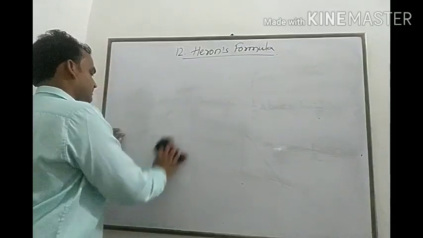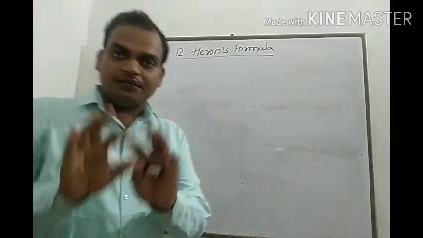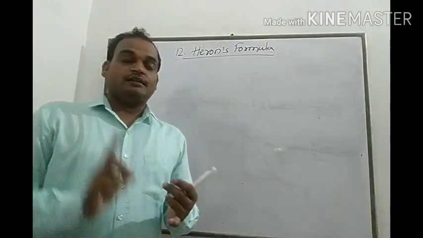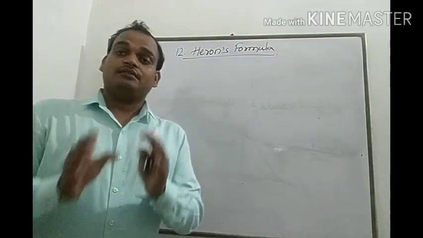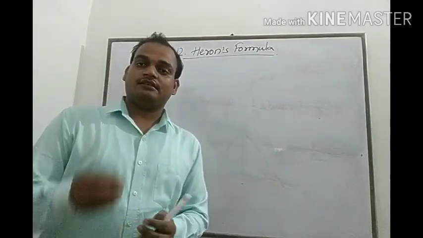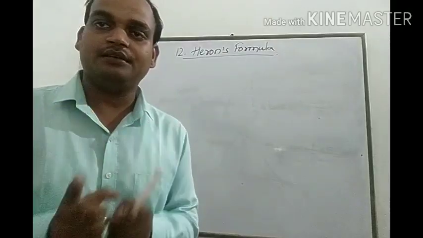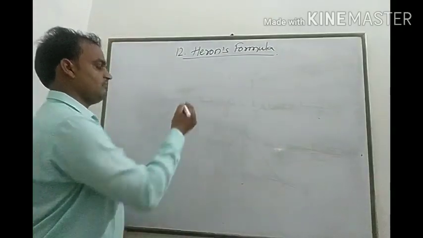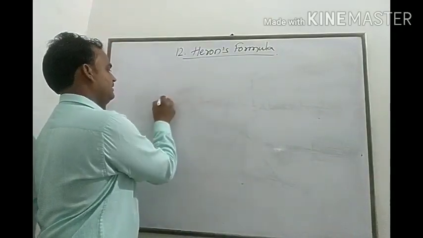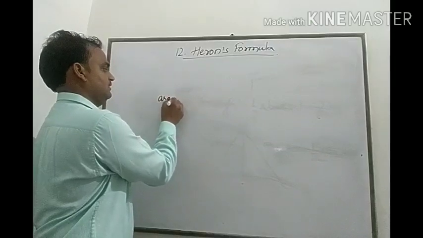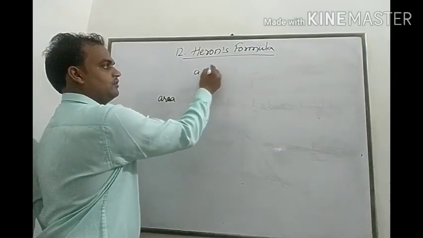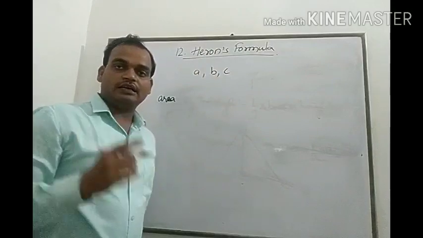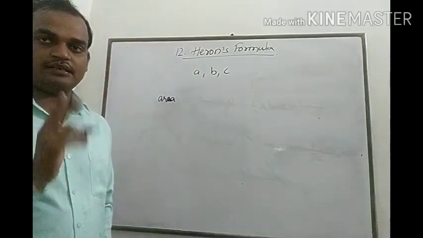Now Heron's formula is applied to every type of triangle, but where the lengths of all the three sides are given. Let A, B, C be the three sides of a triangle.